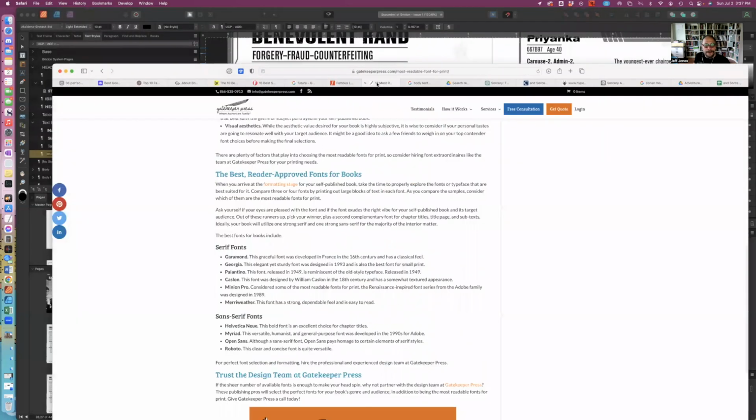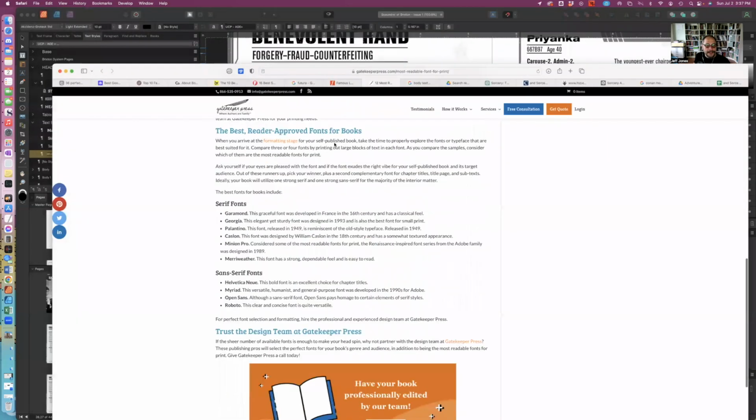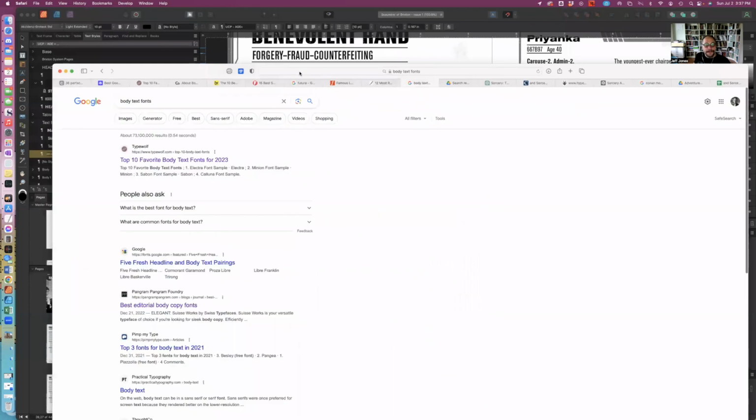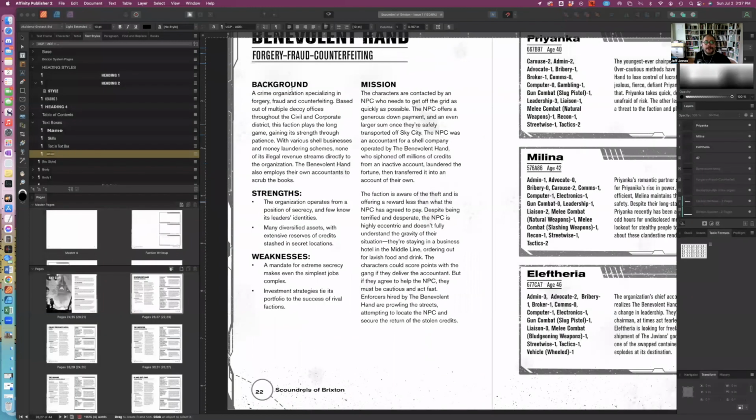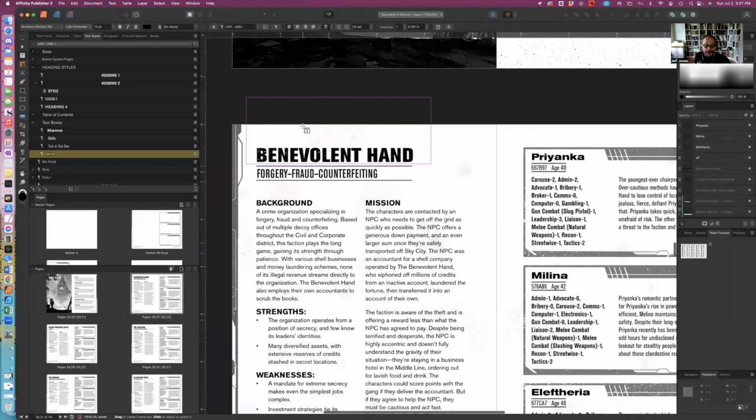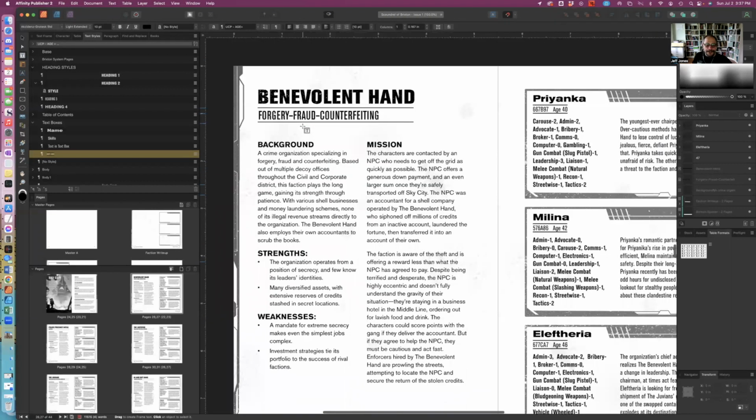I can't remember if I go past this one. I guess it's another one was about fonts. So, for instance, with Scoundrels of Brixton, I use, I can't even pronounce it, Akzidenz-Grotesk standard font or typeface.